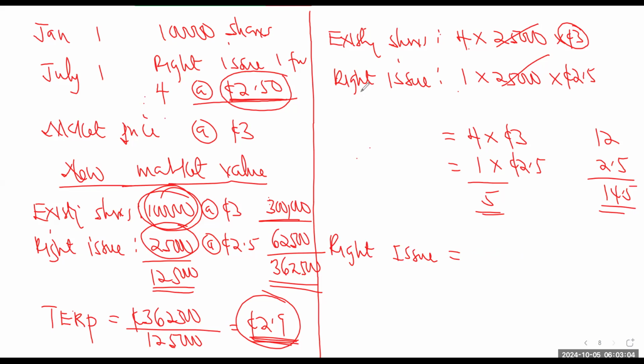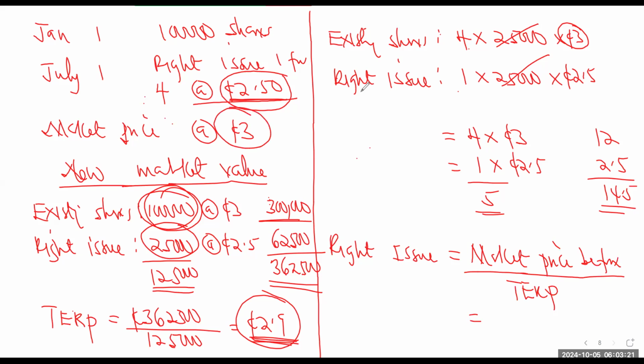Let me just see the market price before the rights issue divided by the theoretical ex-rights price. So what we do is that the market price is the 3 cedi, the price before the rights issue. That will be 3 cedis divided by 2.9.